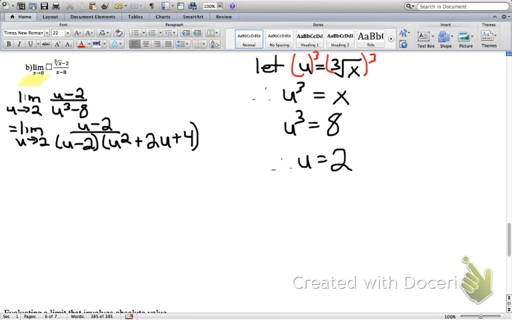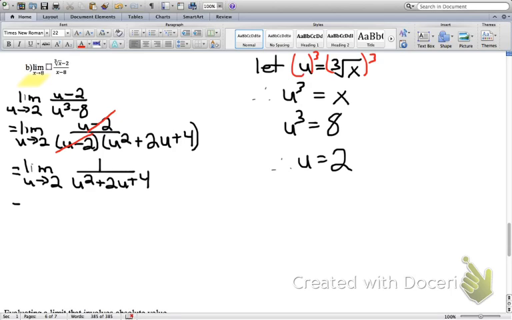If you're forgetting how to do difference of cubes or sum of cubes, please review that because it is a very important concept that you do understand. So now we're going to look at what we can cancel out. As you can notice here, we can cancel out our u minus 2's, leaving us with 1 over u squared plus 2u plus 4.